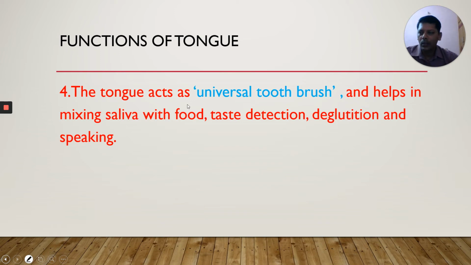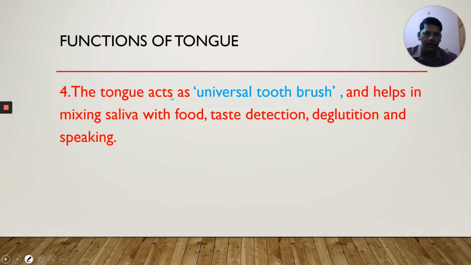The tongue acts as a universal toothbrush. What are the functions of the tongue? The tongue helps in mixing food with saliva, and it also helps in detecting taste and deglutition, that is, swallowing. The tongue also helps in speaking.